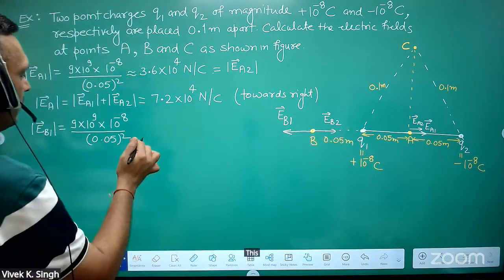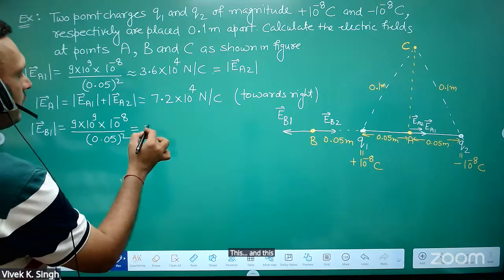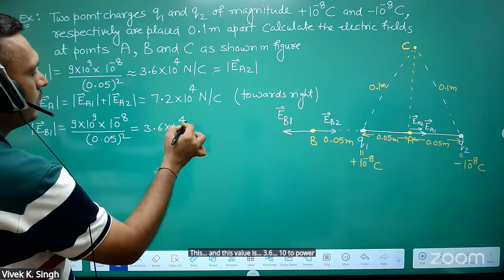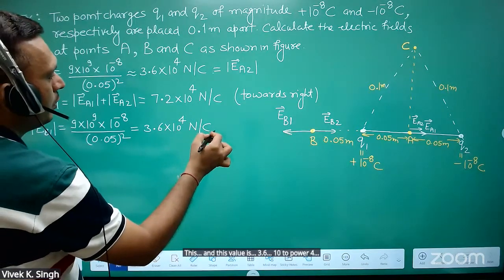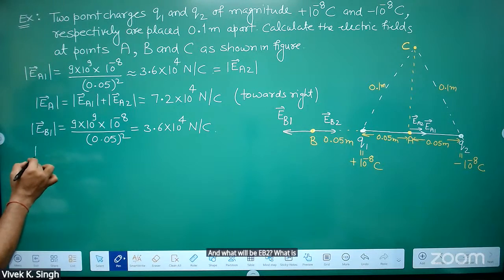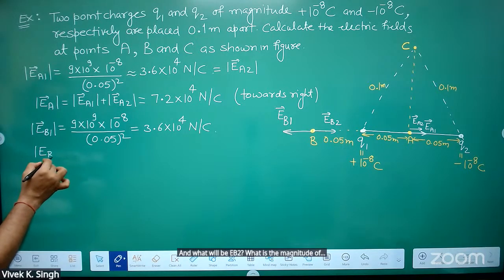This value is 3.6 into 10 to power 4 Newton per coulomb. And what will be EB2? What is the magnitude of EB2?